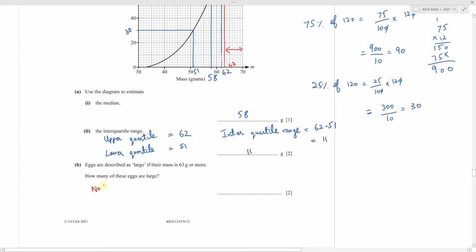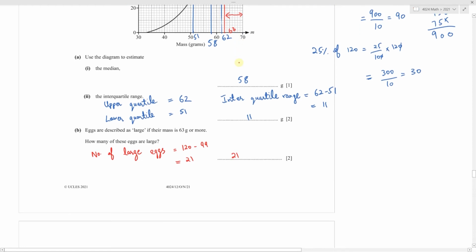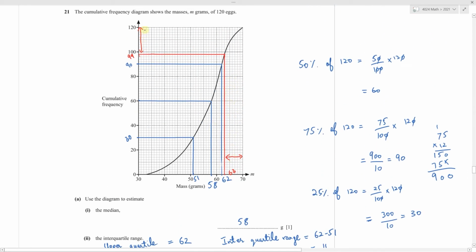So number of large eggs would be 120 minus 99, which is 21. So you have 21 eggs which have a mass greater than 63 grams, which are in this window here. So you found out 99 eggs have mass less than or equal to 63, and the rest will have greater than 63 grams.